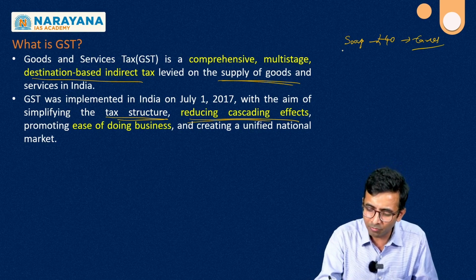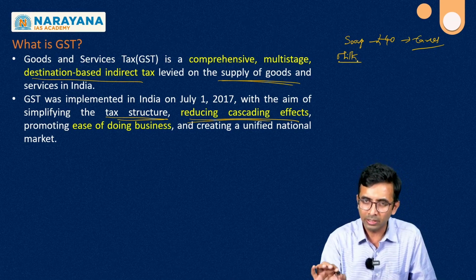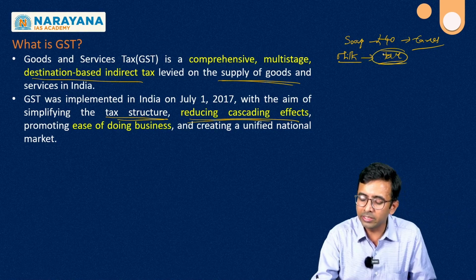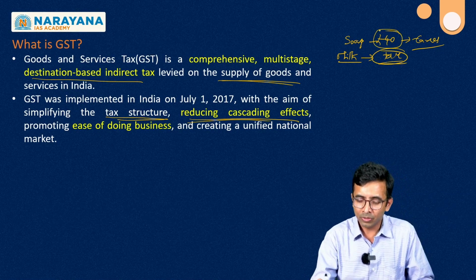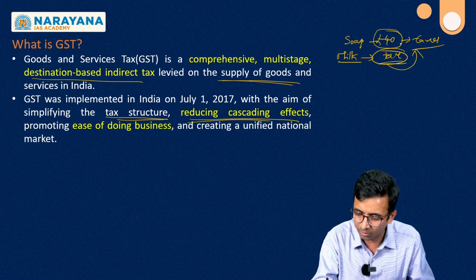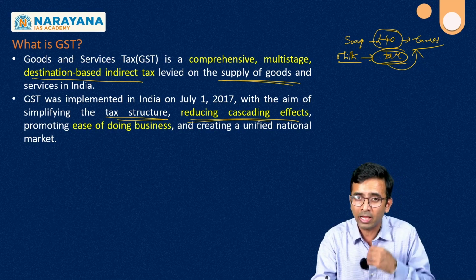Suppose there is involvement of some raw material in the form of milk in manufacturing this particular soap. Then the producer would have already paid the indirect tax, and this indirect tax might have also been included within this 40 rupees. So whatever tax he has paid is already there in this particular price, and when I am buying it, I am now paying the same tax again.